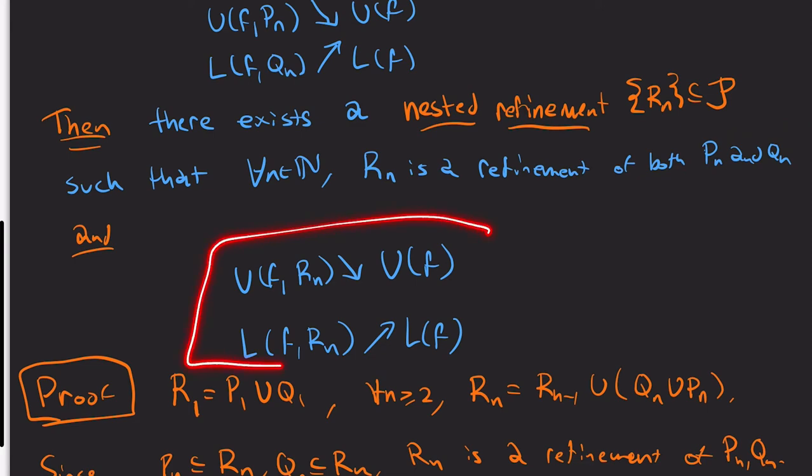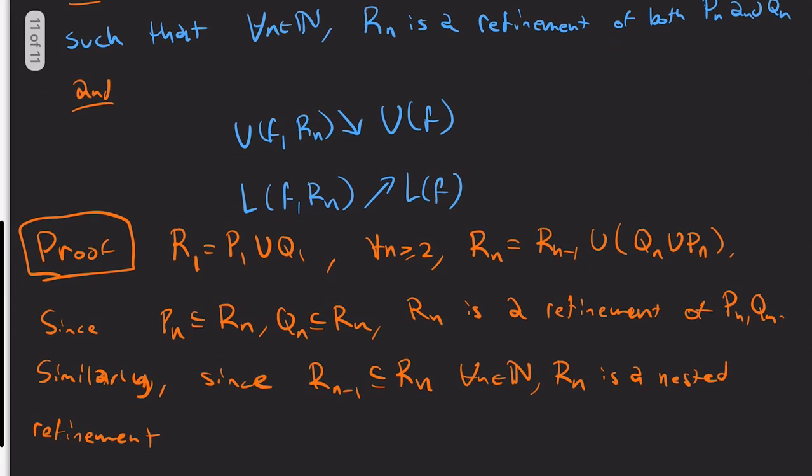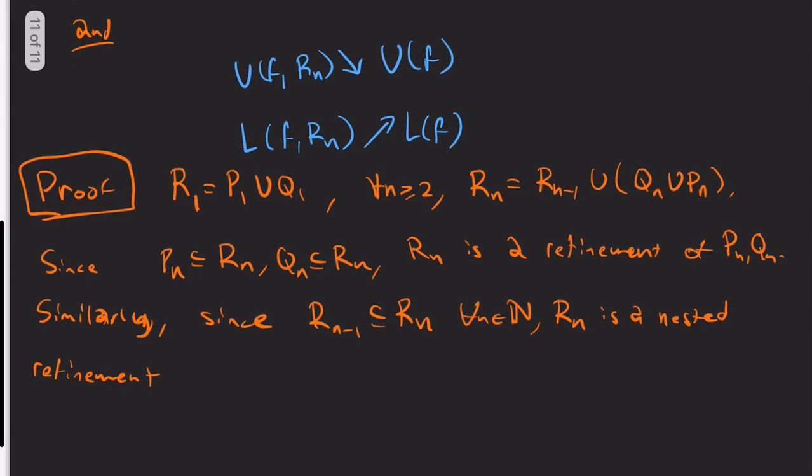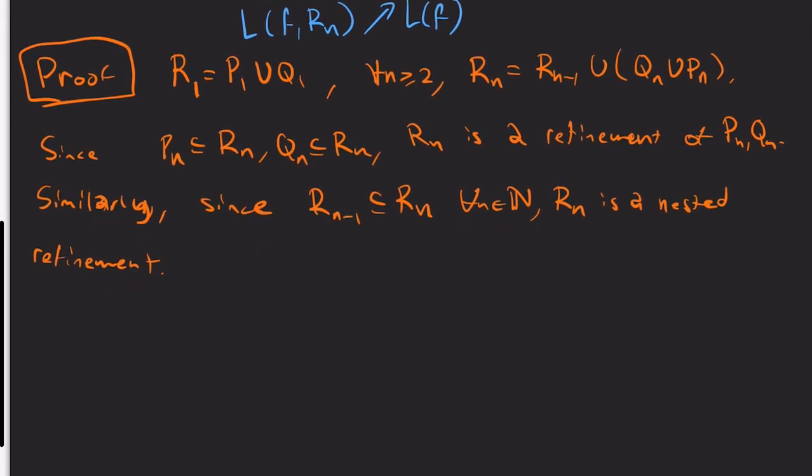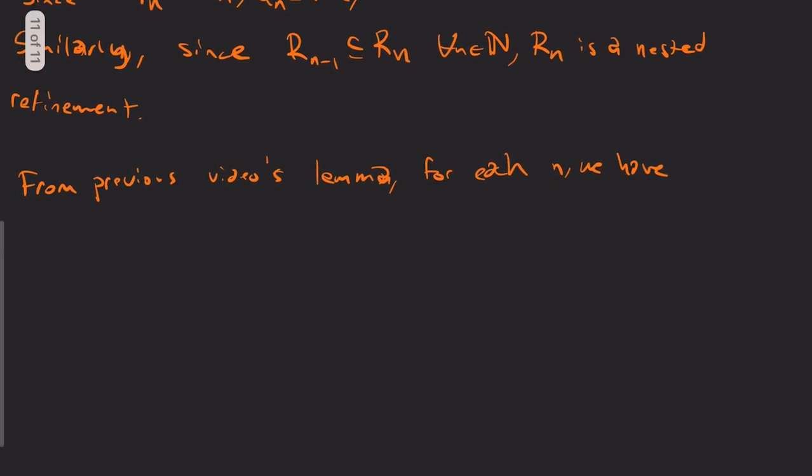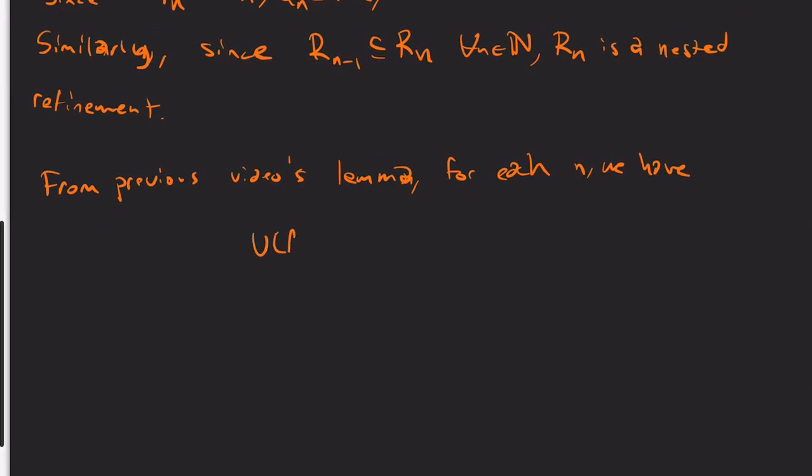Now we have to show the limit properties. What are we going to do? Well, I'm going to invoke our previous video. From the previous video's lemma, for each n, we have that U of f is at most U of f Rn, since it's an infimum and Rn is a partition.